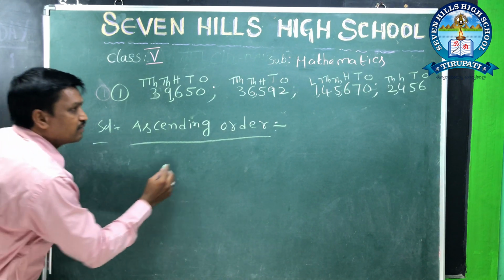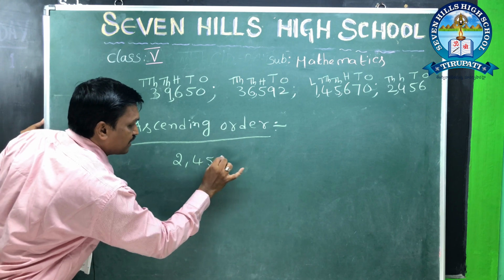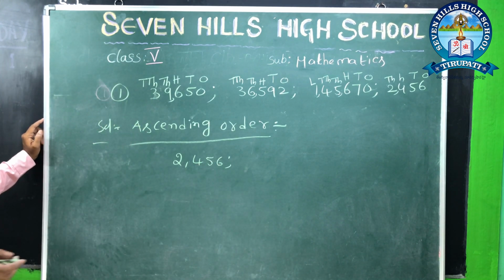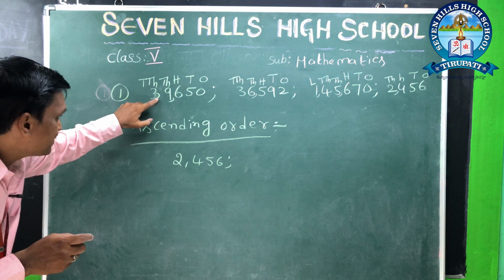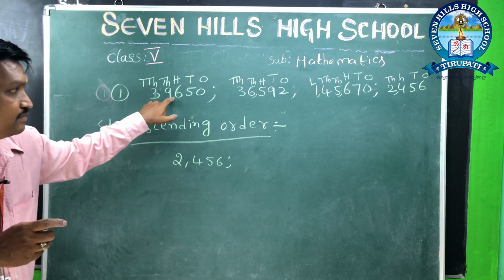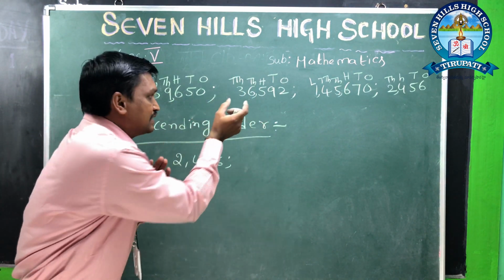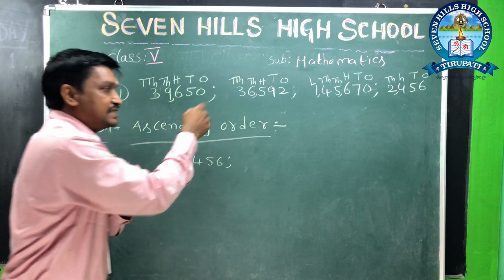So first we can write 2,456, it is the smallest number. Next smallest is, once observe here, in 10,000s place it is 39, here 36. So comparing 36 and 39, which one is smallest? Yes, 36,000.